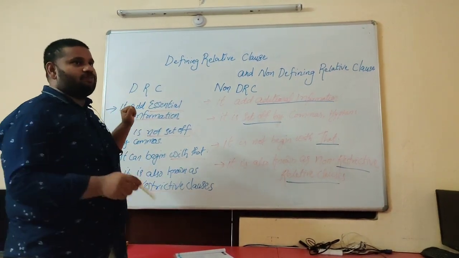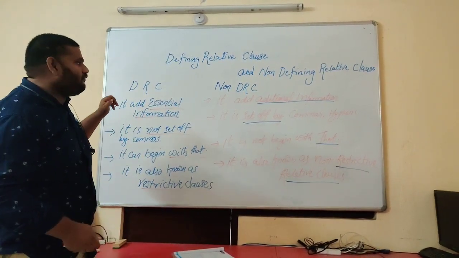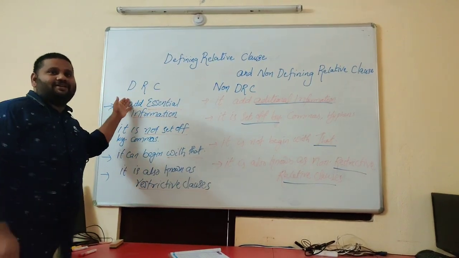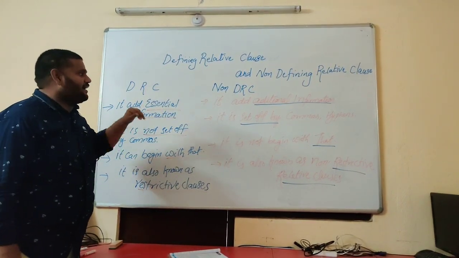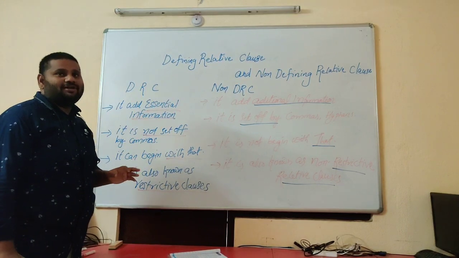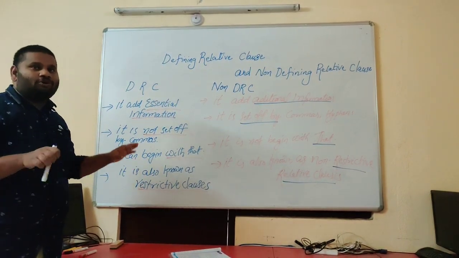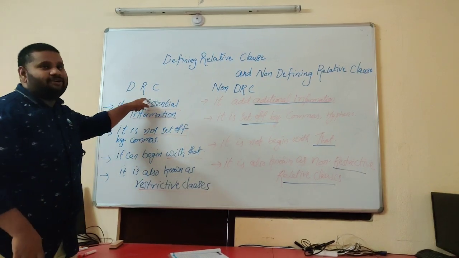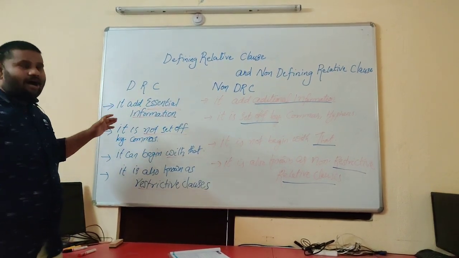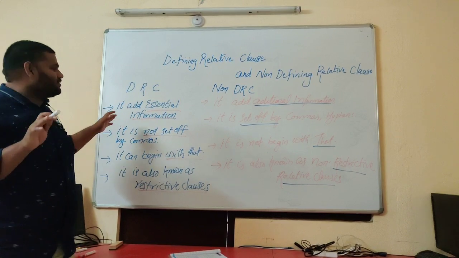How can we define a relative clause, and how can we define a non-defining relative clause? There are some rules that we have to follow.